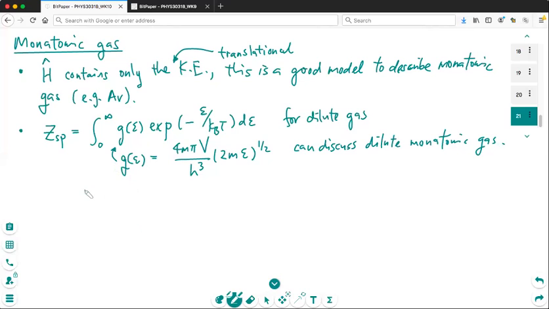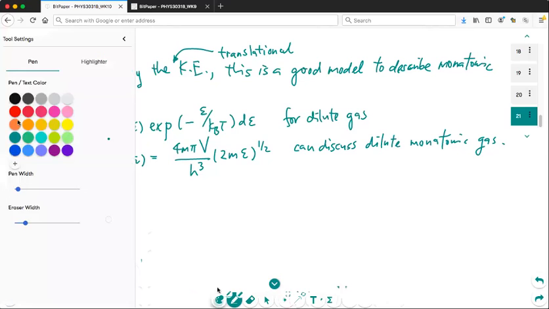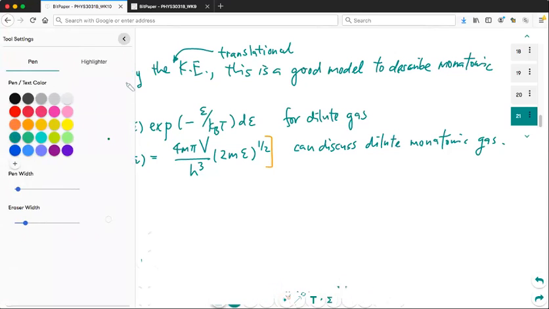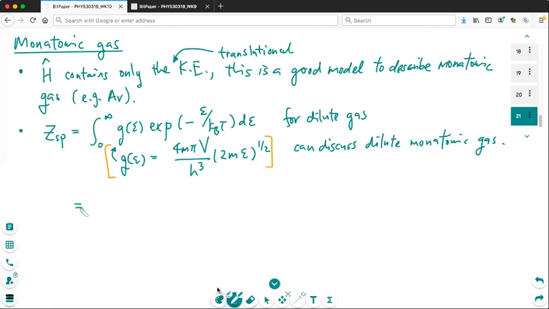If I plug this in, I don't want to rewrite this. I will have this 4mπV whatever multiplying this exponential factor. In the end, you can pull out all the constants, they are not seen by the integral.